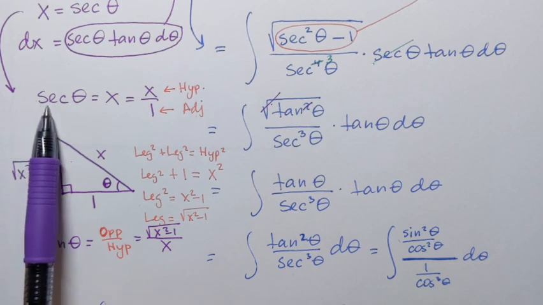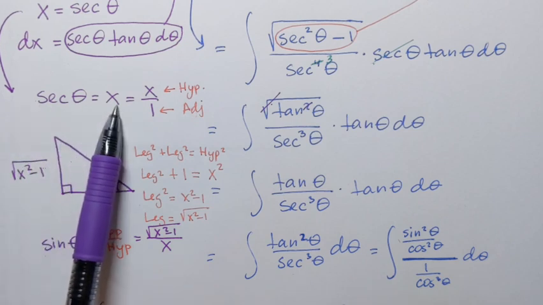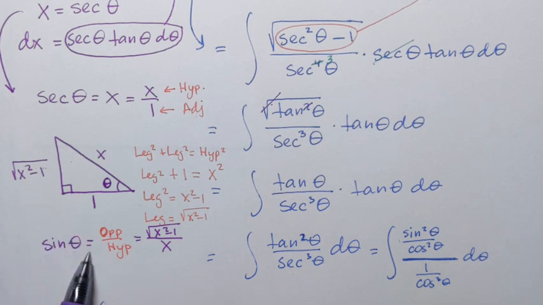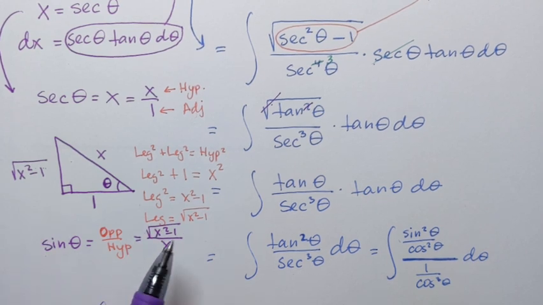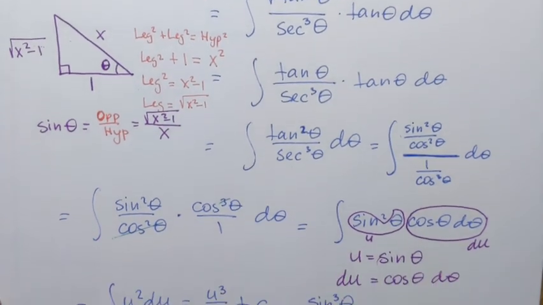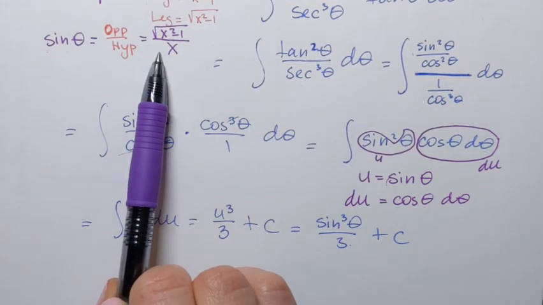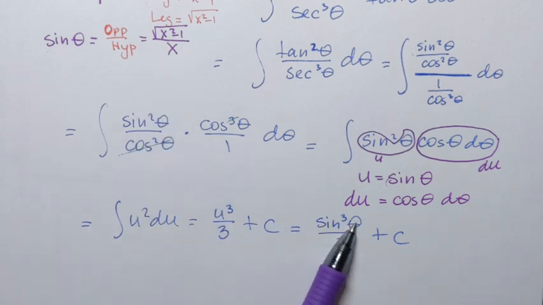So knowing what secant of theta is in terms of x, we were able through this process to find sine of theta. And that's the idea that we'll use for all other examples as well. So now we know that sine of theta has to be replaced with this expression. I am going back to the answer. Okay, so that's what sine of theta equals, and that's where I need to place that.